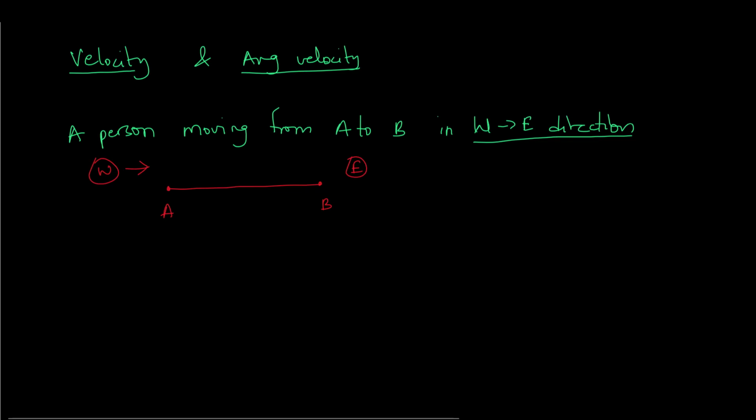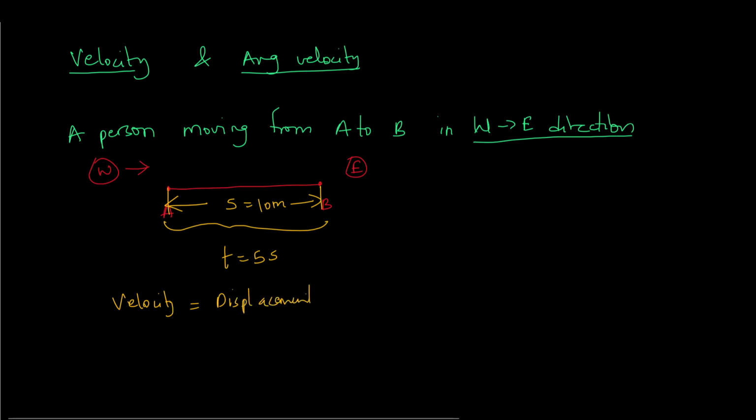If I say it has displaced in a certain amount of time, t equals 5 seconds, and it has displaced s equals 10 meters, here the velocity will be displacement upon time. Displacement is 10 meters whereas time is 5 seconds, and this gets to 2 m s^-1. So this is about your velocity.